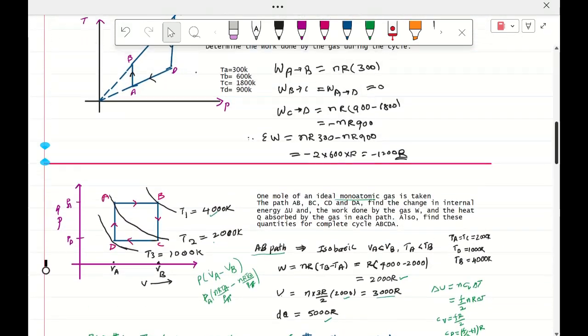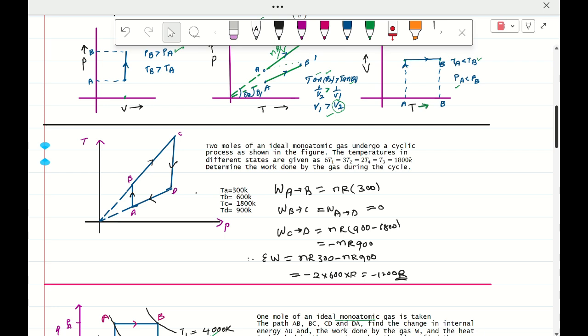So coming in the same way to this question. There are 2 moles of ideal monoatomic gas given, which undergoes a cyclic process. Therefore, no doubt at all, dU is equal to 0. The temperatures in different states are given. So consider this as 1, this as 2, 3, 4 points.